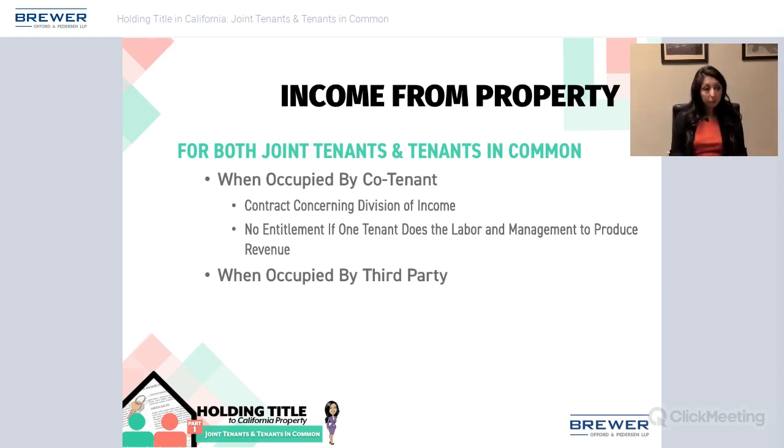Wendy's living there and ranching on the property. Well, there's obviously income coming in from her work. Jane, who is not doing anything for such work or labor, isn't entitled to the income of Wendy's ranching company, unless there is an agreement.